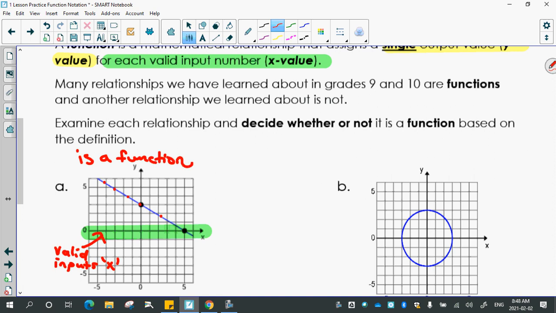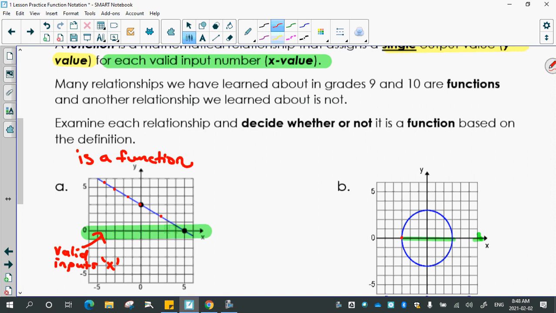Okay? Here's a circle. I'll use a thinner highlighter here. So for my circle, these are the only valid inputs. Do you agree that this wouldn't be a valid input over here, because there's no output? Okay, so these are my valid inputs. And for each one of these inputs, well, for this one, there's only one.